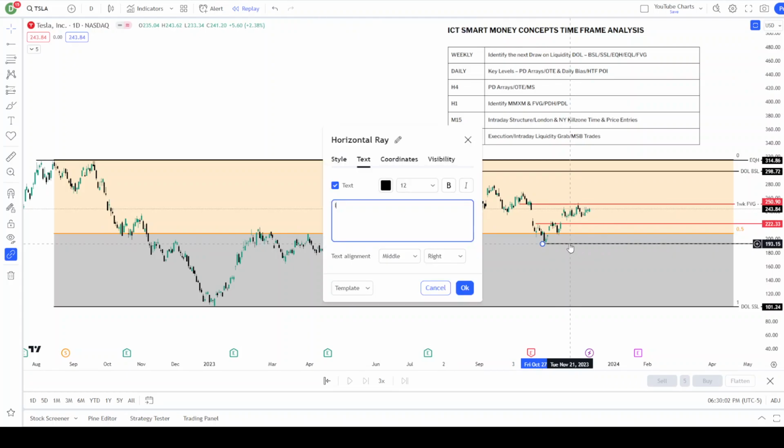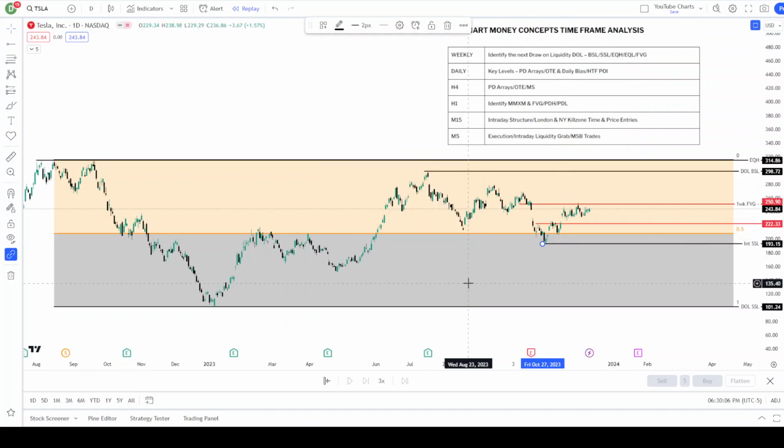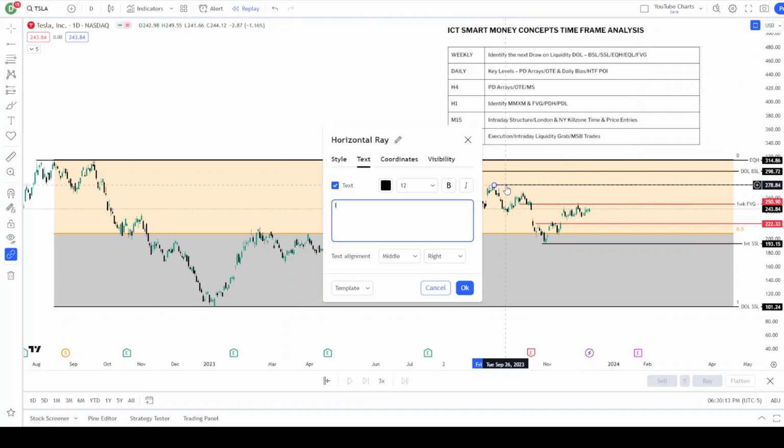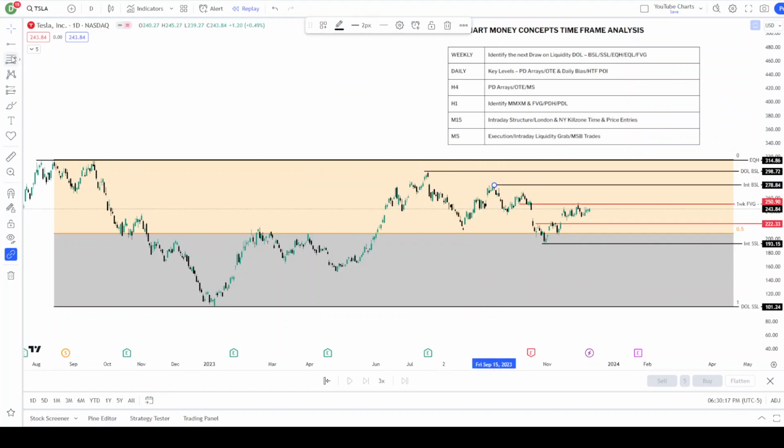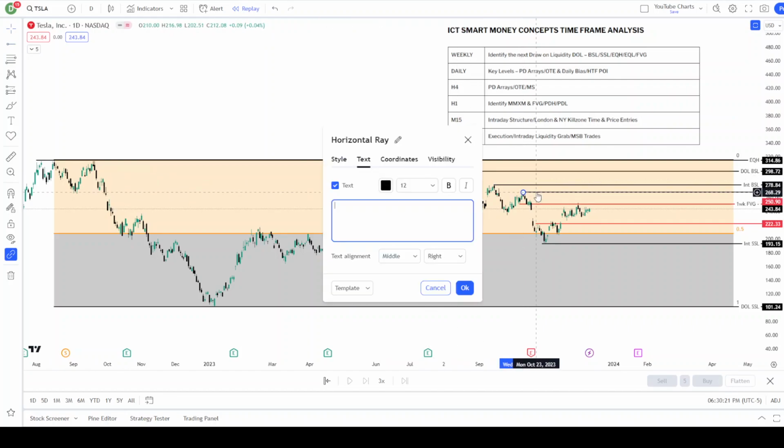I'm going to say internal sell side liquidity. And then we have additional internal buy side liquidity. And even more so, closing that fair value gap, another internal buy side liquidity target.